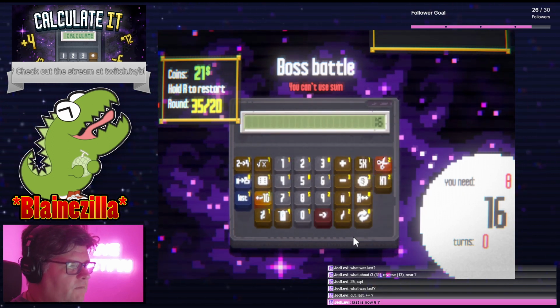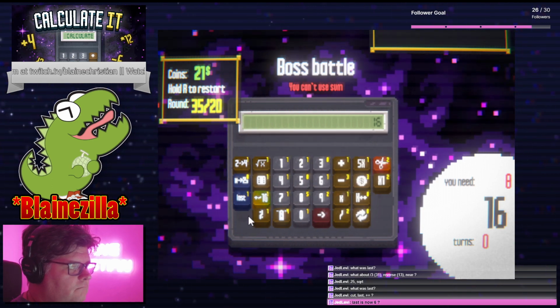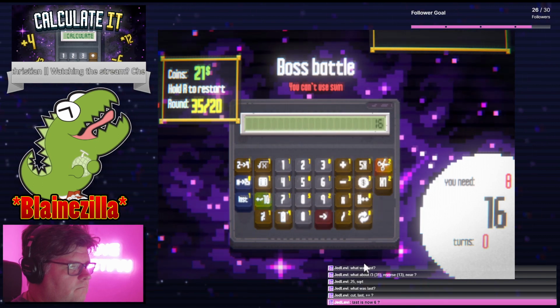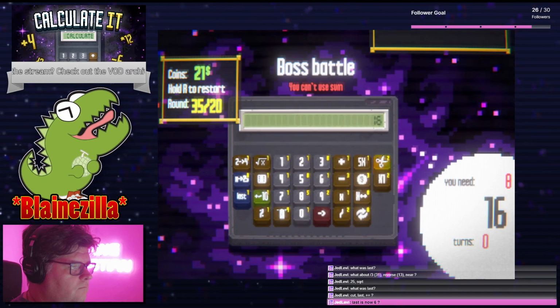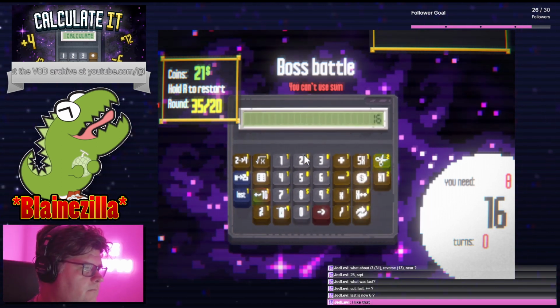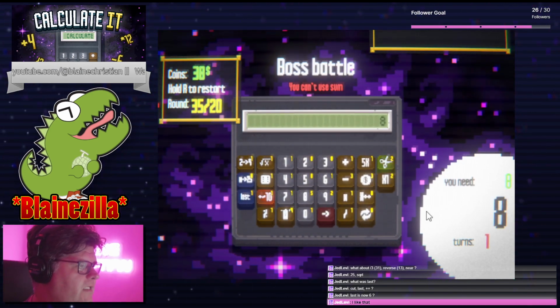Just simple divide by 2. Yeah. What could be easier? I think divide by 2 is the answer. Yeah. Sometimes the simple ones. We get lost in all the extra keys.